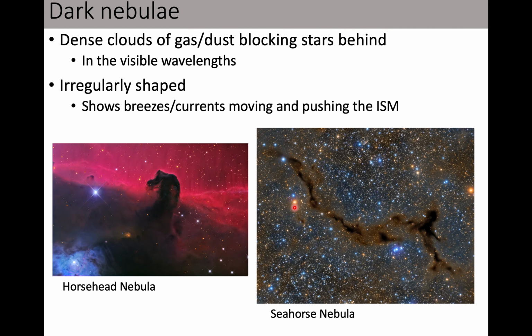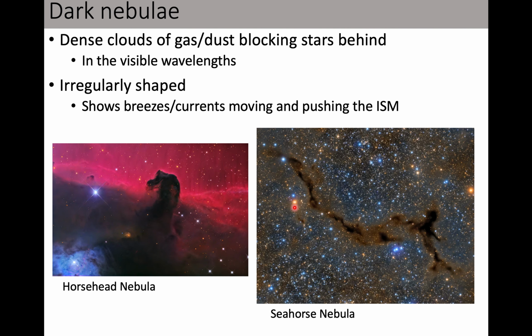And then the third type of nebulae is called dark nebulae. This is where we have the dense clouds of the ISM material that are blocking the stars behind. As I mentioned earlier, this is always in the visible wavelengths.